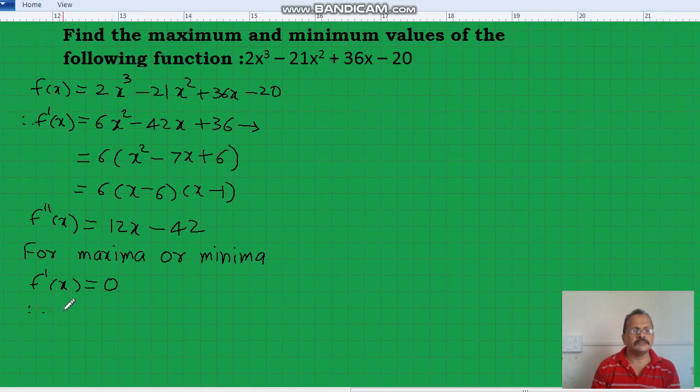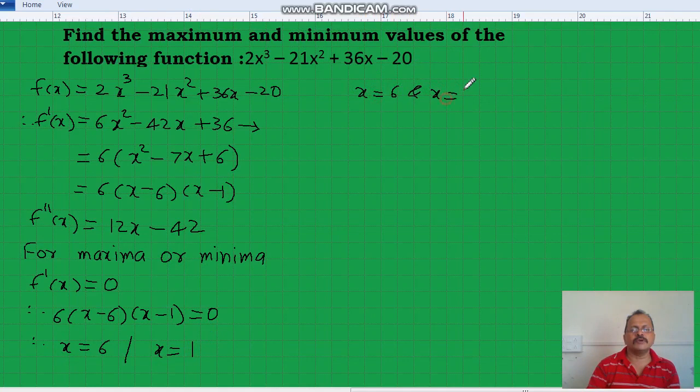That is 6 into (x minus 6) into (x minus 1) is equal to 0. That is x equal to 6 or x equal to 1. x equal to 6 and x equal to 1 are called stationary points.